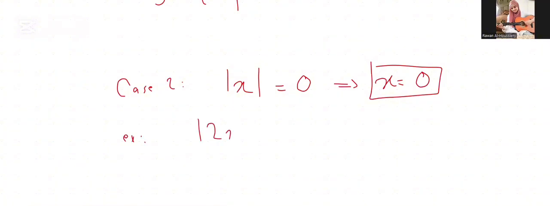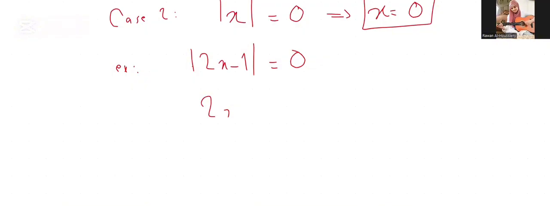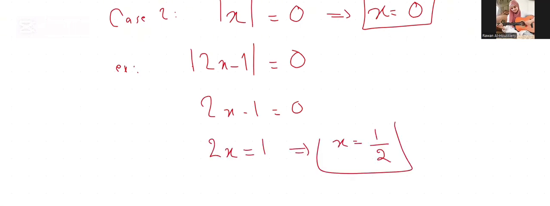Let's take an example. If we have the absolute value of 2x minus 1 equals to 0, because the absolute value equals 0, we directly remove the absolute value. So we get 2x minus 1 equal to 0 and we solve it as an ordinary equation. So 2x equals to 1, meaning x equal to 1 over 2. So this is our solution.